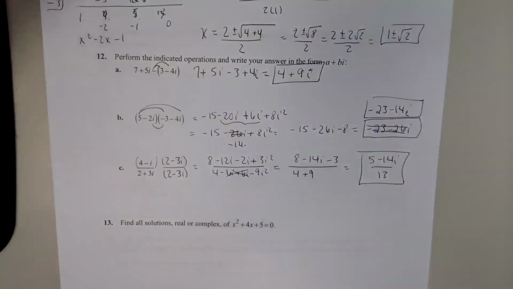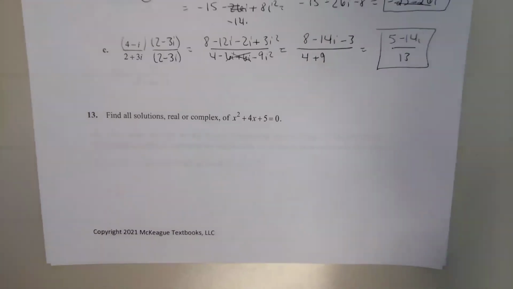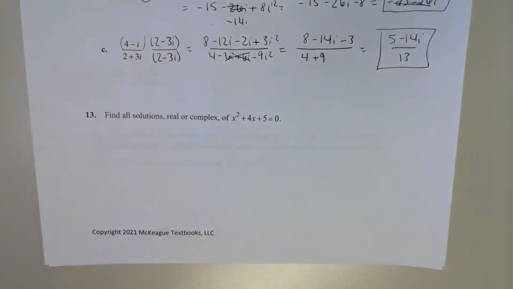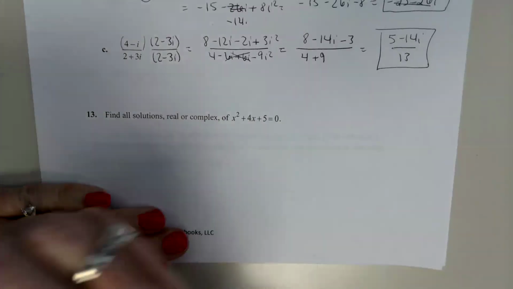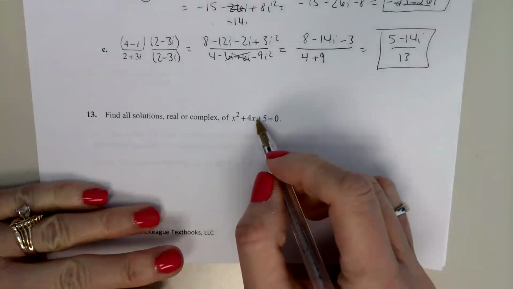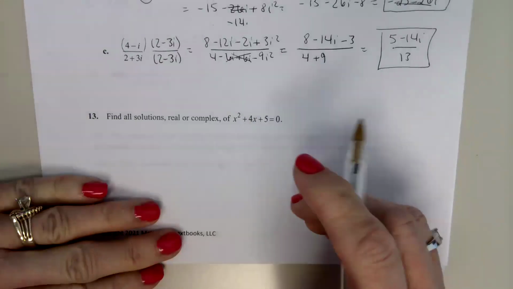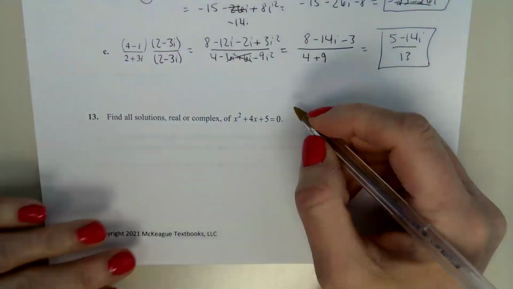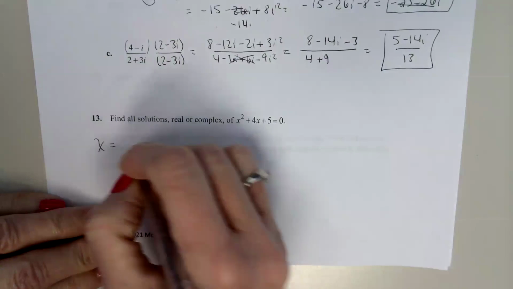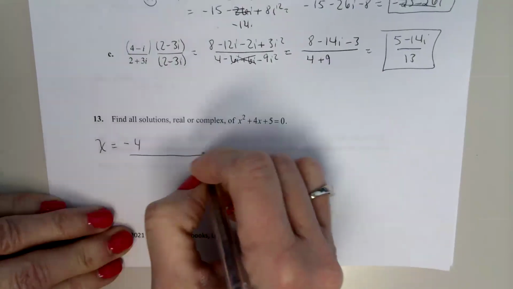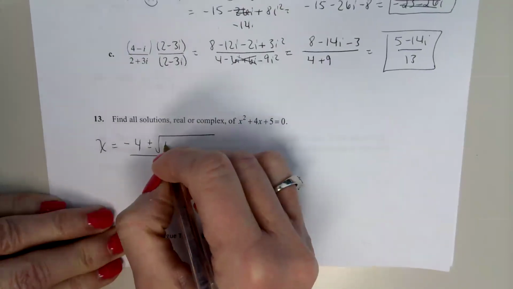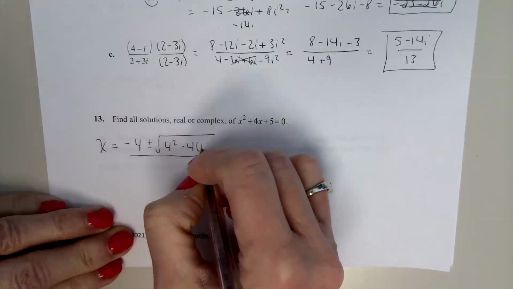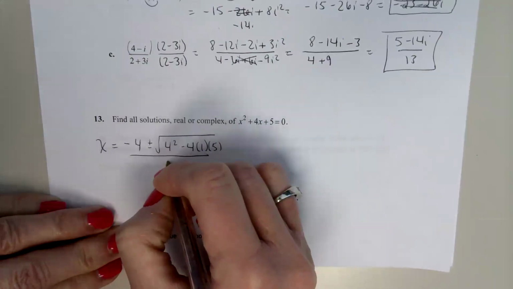Okay. Let's look at number 13. It says find all solutions, real or complex. Okay. It's a quadratic, and so I can't factor that. So I'm going to just use my quadratic equation. So the opposite of b plus or minus the square root of b squared minus 4 times a times c over 2a.